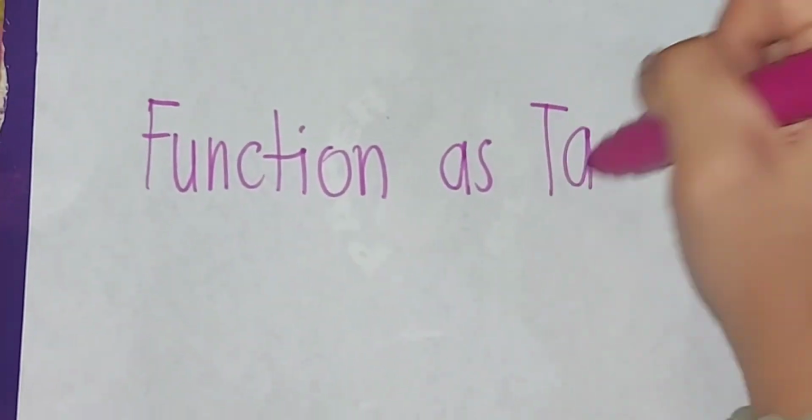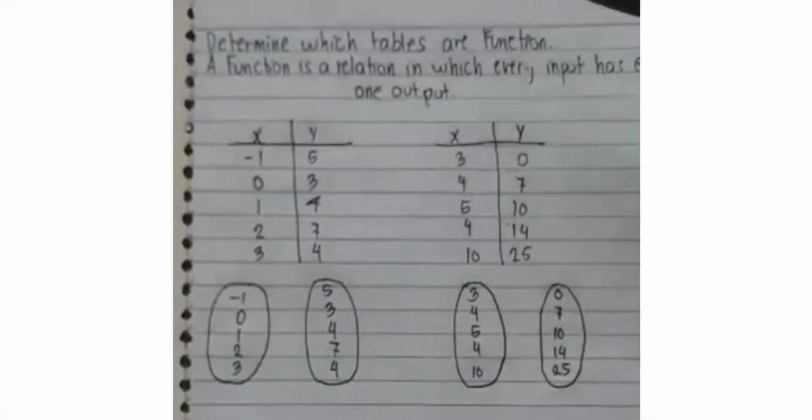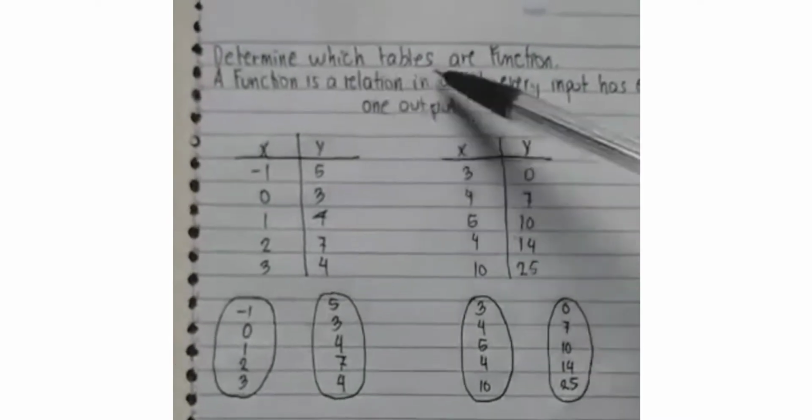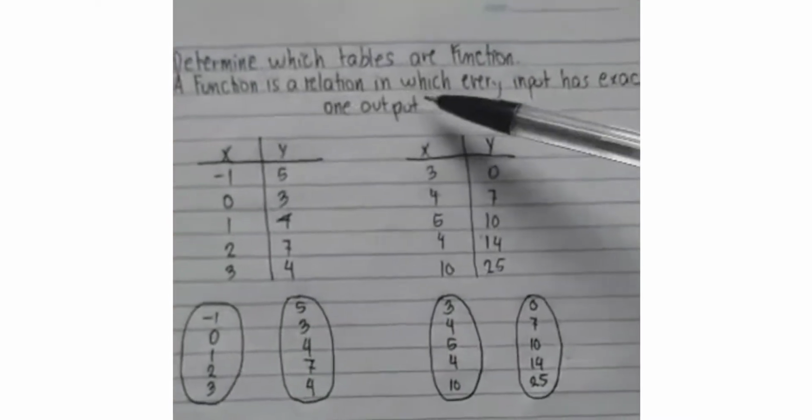Function as table of values. Determine which table is a function. A function is a relation in which every input has exactly one output. So we take a look at this first table. Notice that none of the inputs are repeated. Therefore, there is no way every x can have more than one corresponding y value. So this will be a function.